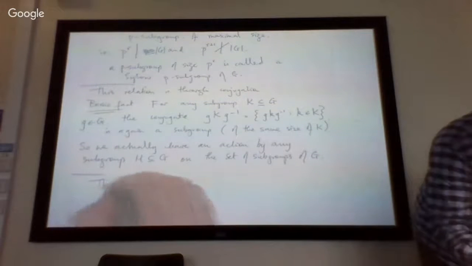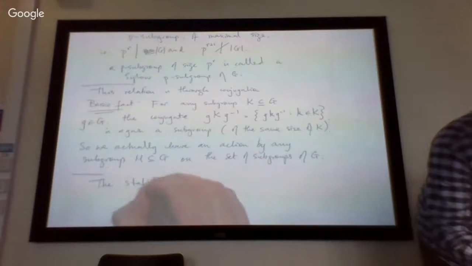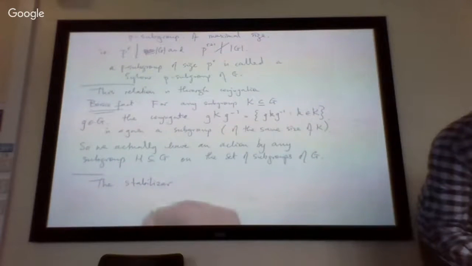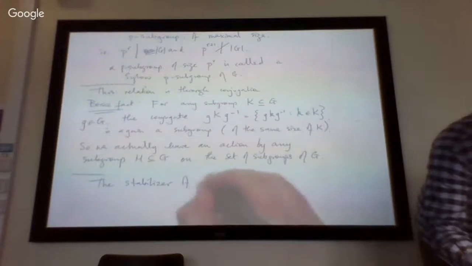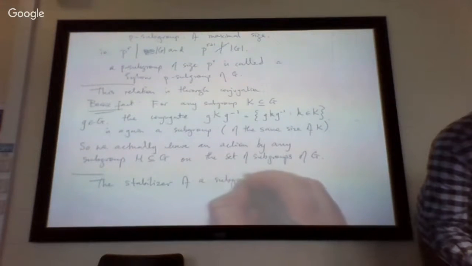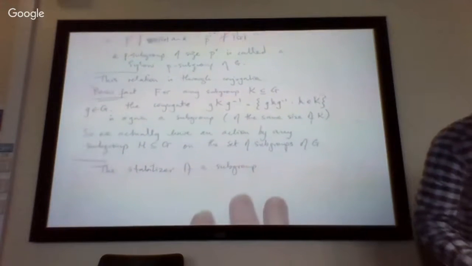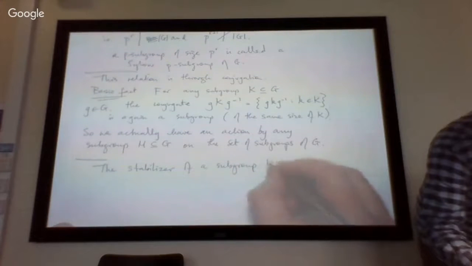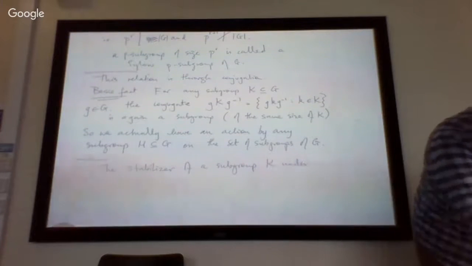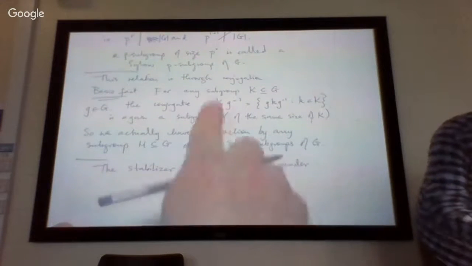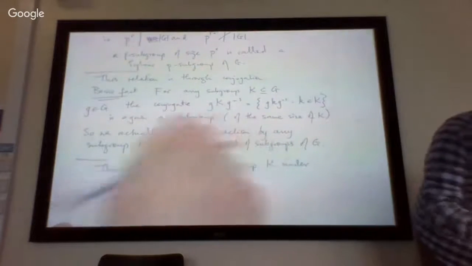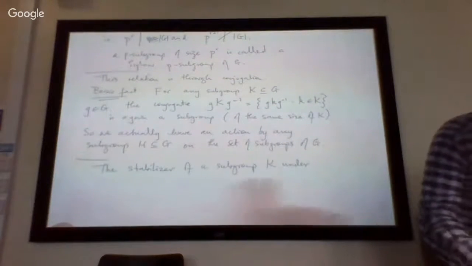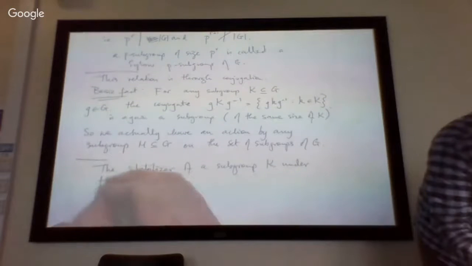So because this is an action, you can talk about the stabilizers. So the stabilizer of a subgroup, say K, under this action uses H in its definition, but I think it's more natural to use K since K is the one we've been thinking about operating on.